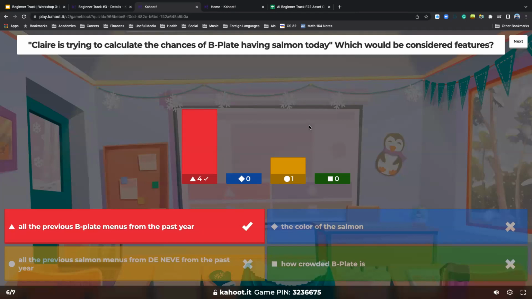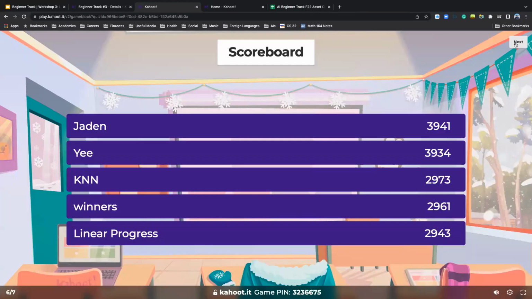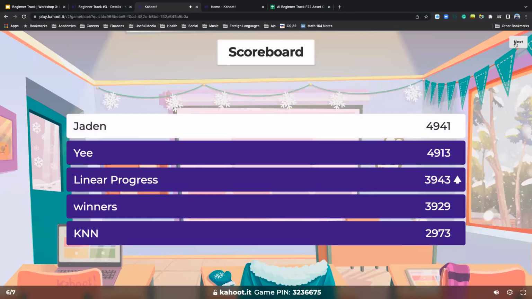All my vegetarian friends prefer other places. I usually go to B-Plate for breakfast. Lunch and dinner is mid, I think. You get hits, you get misses, but also epics. So still variability.